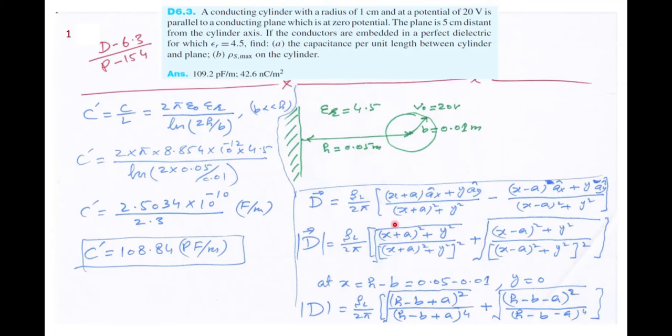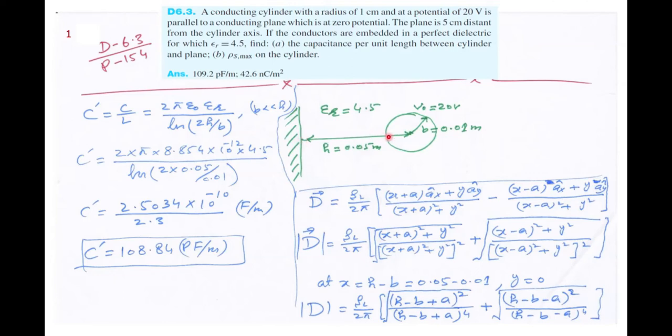Taking the magnitude of this field, as I told you, the maximum value exists at the left side of the conducting cylinder, because the face of the cylinder on this side is parallel to the conducting sheet.